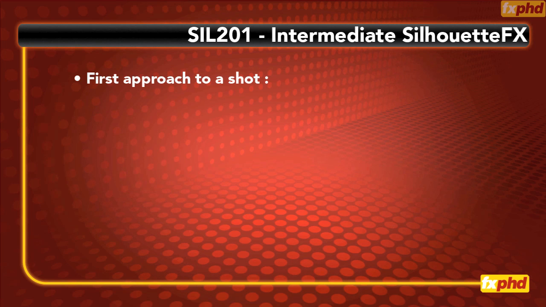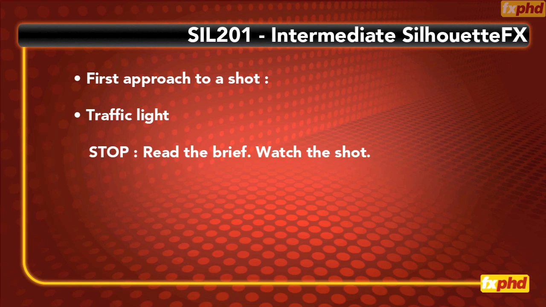So when I first approach a shot, I always traffic light. So stop and read the brief. Now this is probably going to be one of the biggest time savers you can possibly get. If you're doing any sort of roto work, you have enough on your plate without giving yourself extra work to go through.